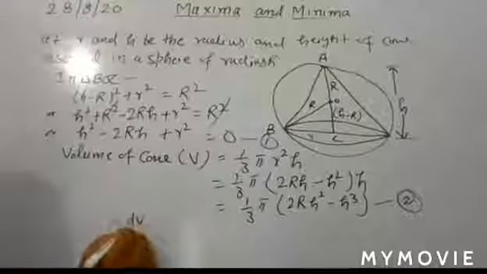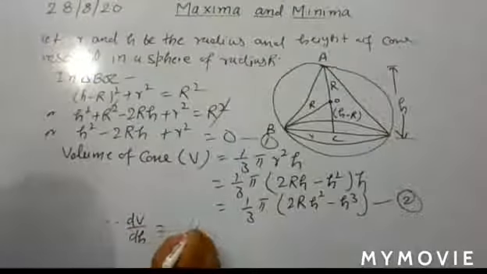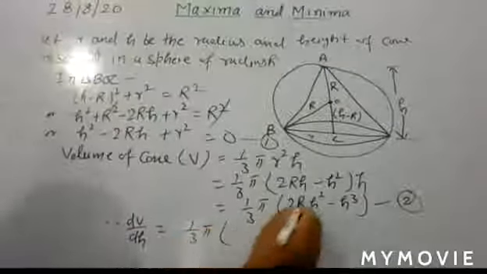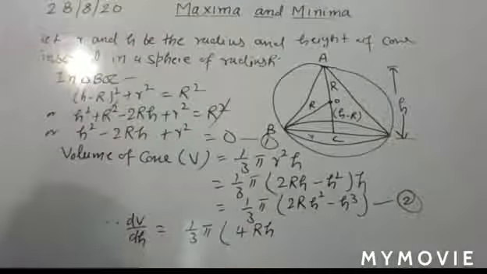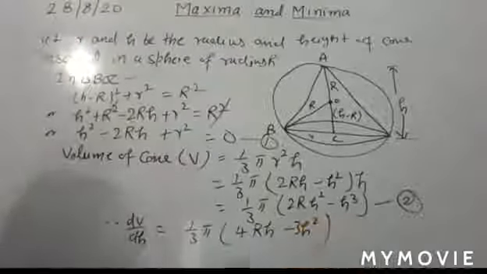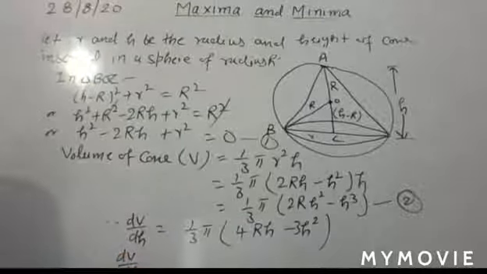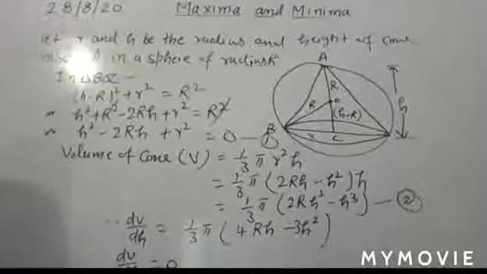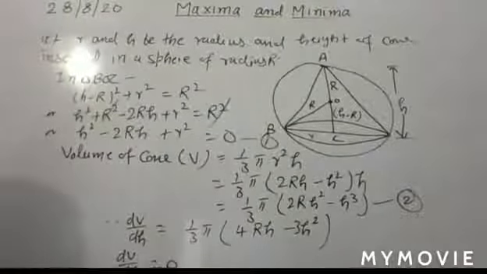So dV by dh is equal to 1 upon 3 pi, here you have 4Rh, capital R is taken as constant, minus 3h square. So dV by dh is equal to 0 implies 4Rh is equal to 3h square.